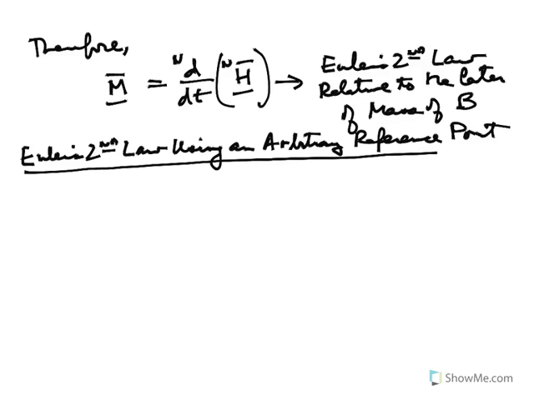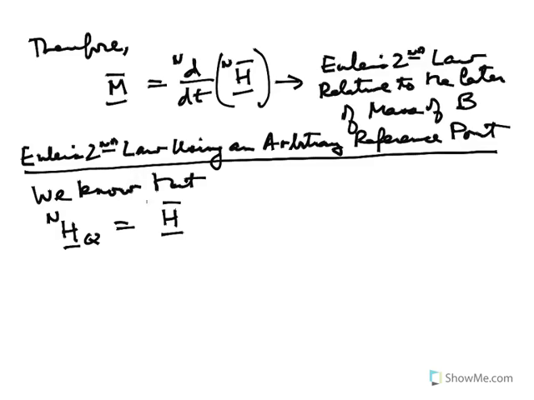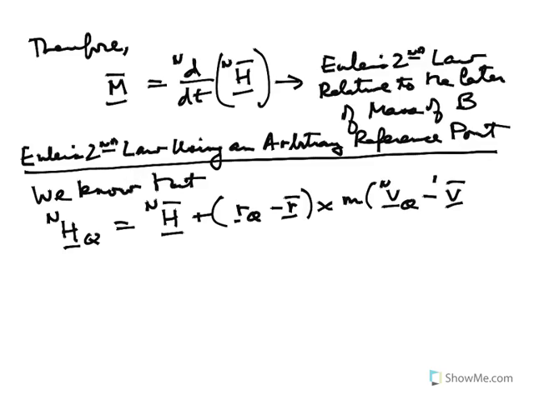Well, when we use an arbitrary reference point, we know that the angular momentum relative to an arbitrary point is equal to the angular momentum relative to the center of mass plus (RQ minus R bar) crossed with M times (VQ in N minus V bar in N), where Q is an arbitrary point.